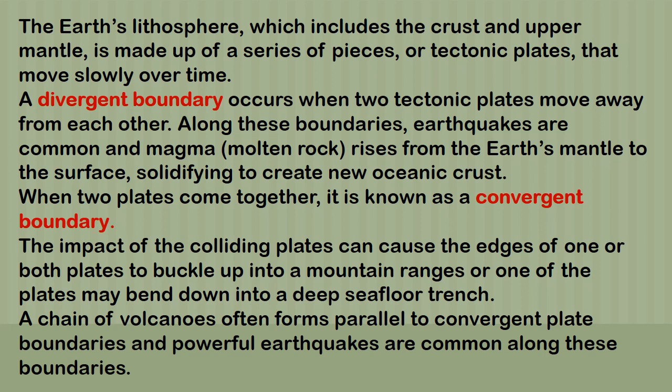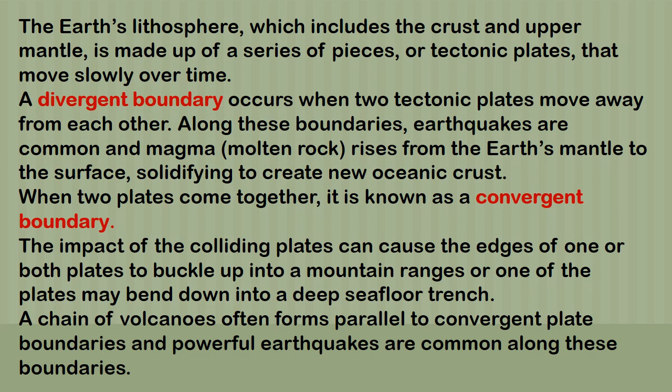A divergent boundary. Divergent means when two plates are moving away from each other. A divergent boundary occurs when two tectonic plates move away from each other. Along these boundaries, earthquakes are common, and magma, which is a form of molten rock.